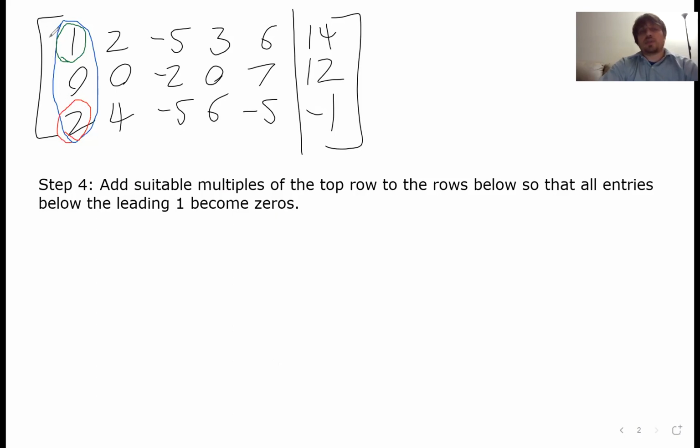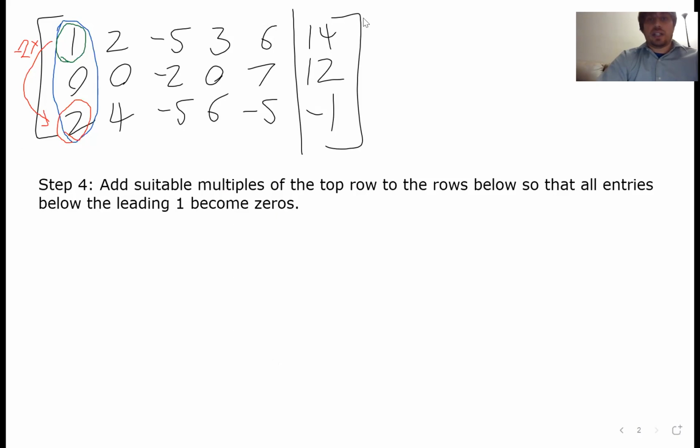So we're going to add a suitable multiple of the first row to the third row to make it 0. We have to add -2 times the first row to the third row to make it 0 in this entry here. And so in step 4, we do that.